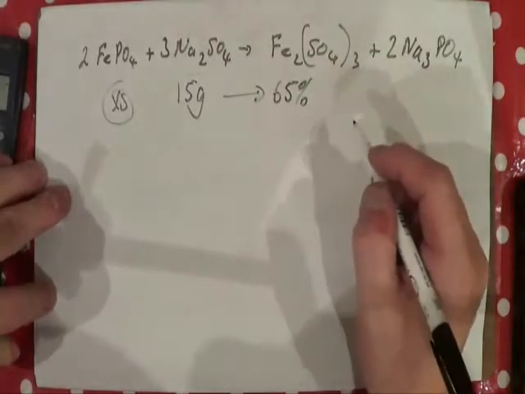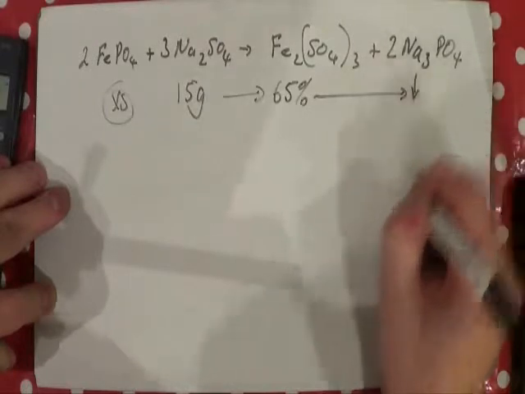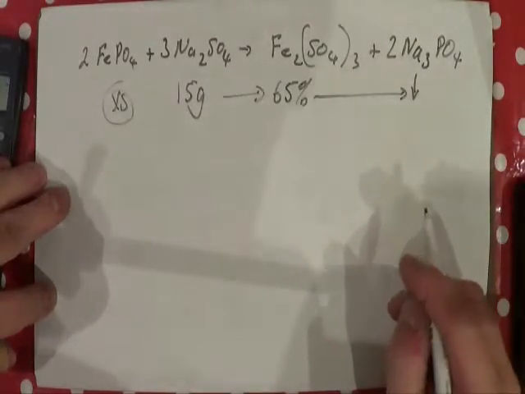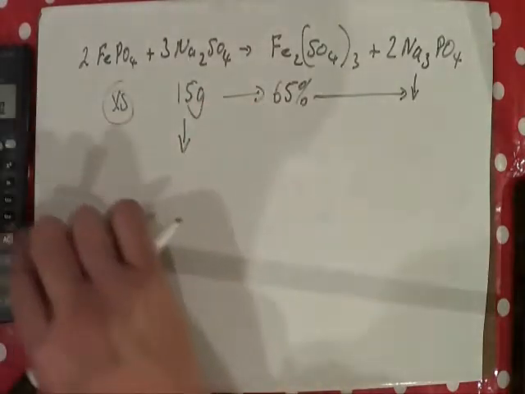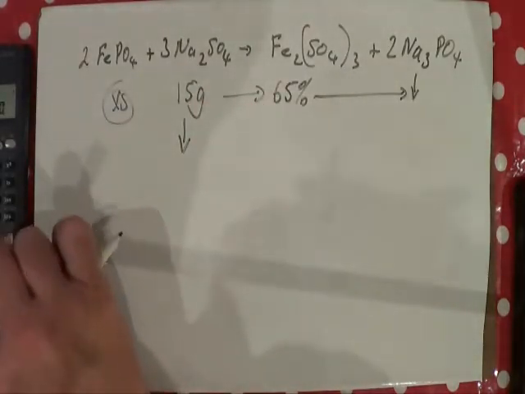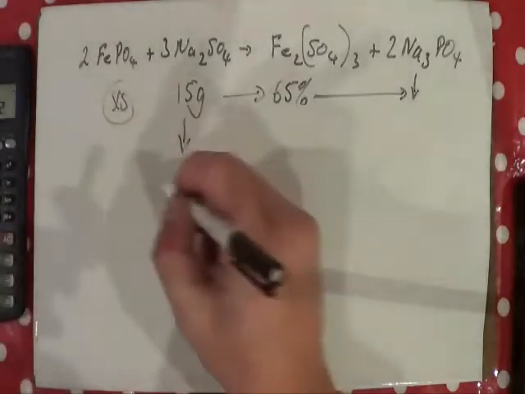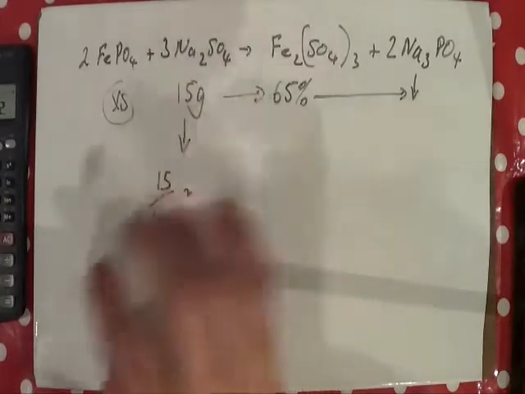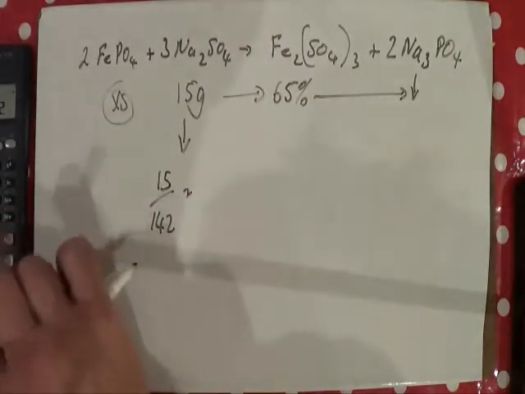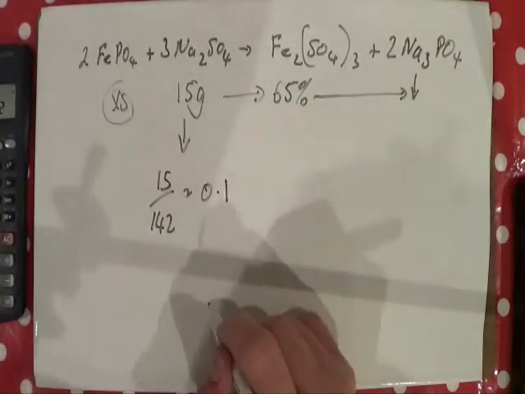They're asking us this time what mass of sodium sulfate I would produce. So if I have 15 grams of this, that is 15 over 142, the RFM of this, which gives me 0.1 mole of that.